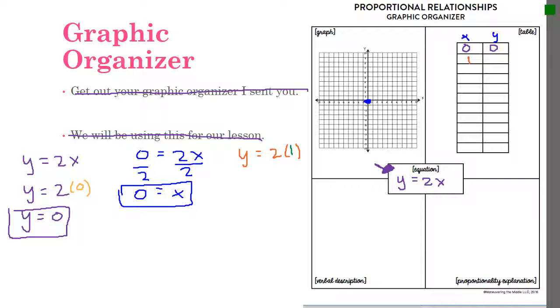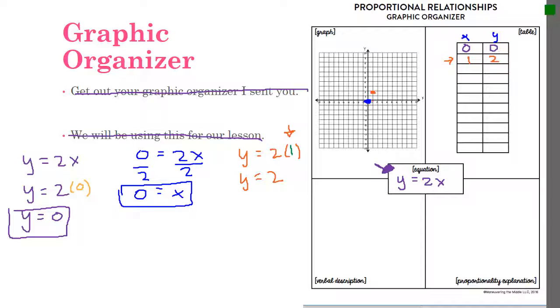So by substituting a 1 in for x, I'm going to be able to find out what my y coordinate is of that point. That's the whole point. So y equals 2 times 1. Well, 2 times 1 is just 2. So that means when I plug in a 1 into my equation, I'm going to get a 2 out for y. And that means the point 1, 2 is on my graph.